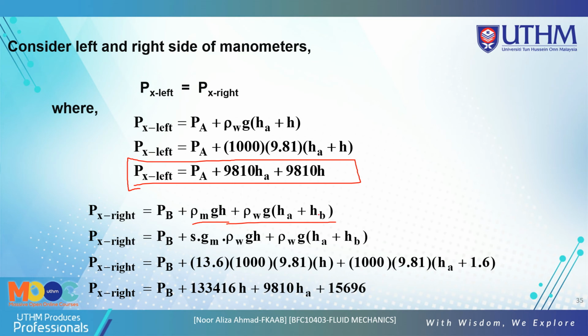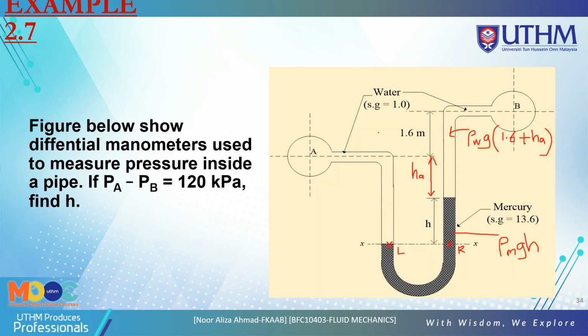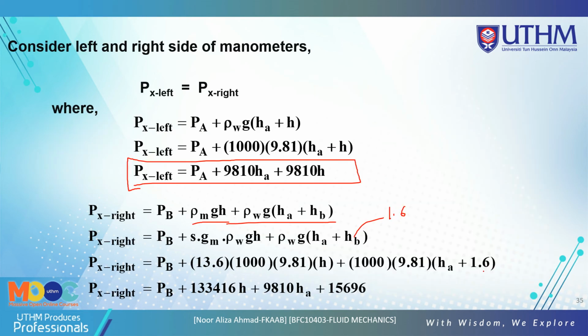HA or HB. HB is 1.6. Okay, HB is 1.6, this one, is called HB. So for the right side, PB plus SG of mercury times density of water times g times H, and you just put the value here, plus the density of water 9.81 times HA plus 1.6.